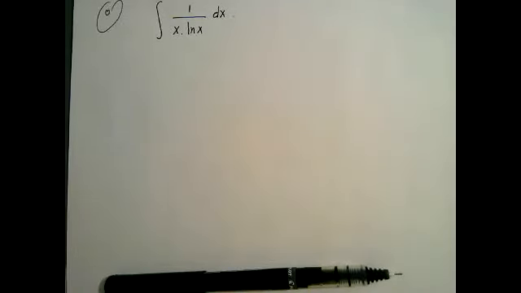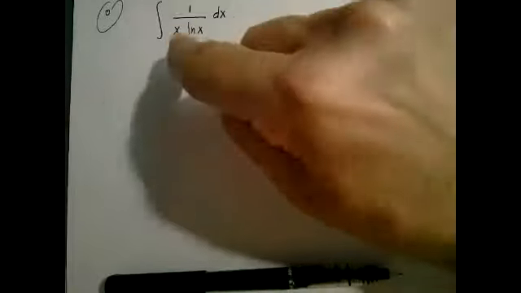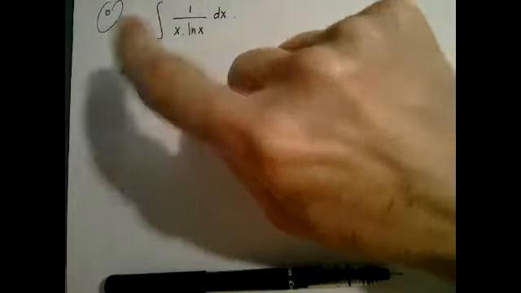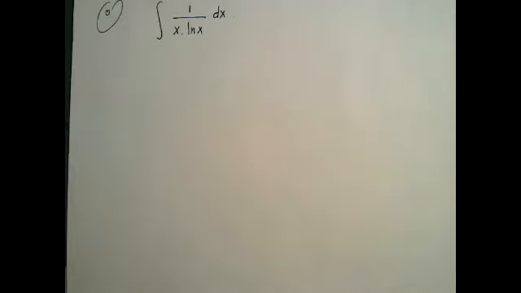Go ahead, I'm listening. Anybody? Well, we know that the derivative of the natural log of x is 1 over x. Okay, very good. Because we see 1 over x, that's what he saw, the derivative of ln x is 1 over x. So what do you want me to do? u could be natural log of x.